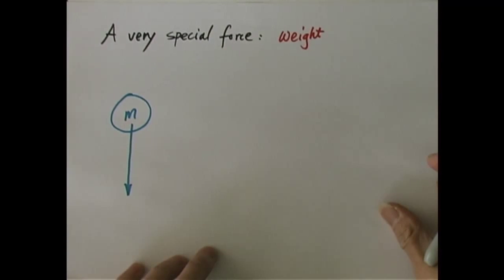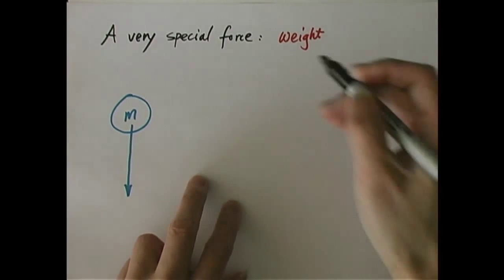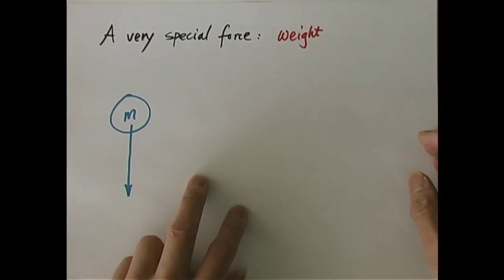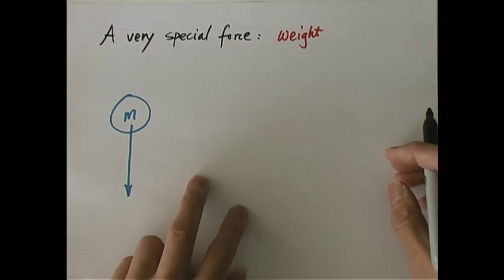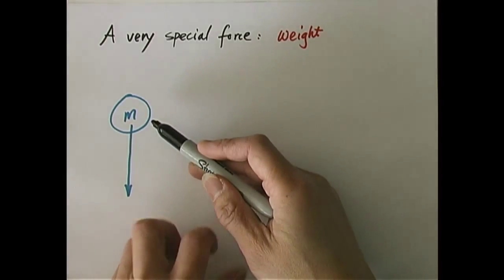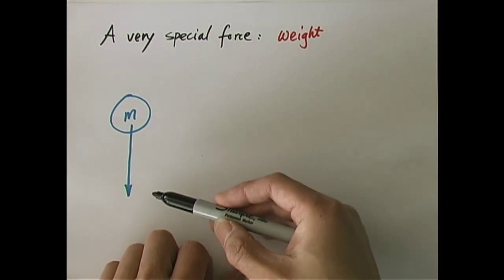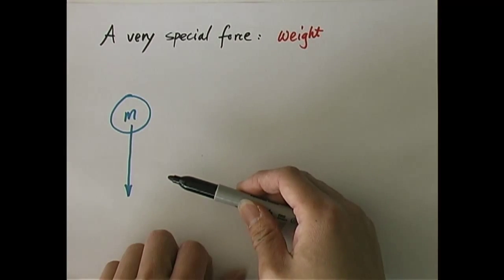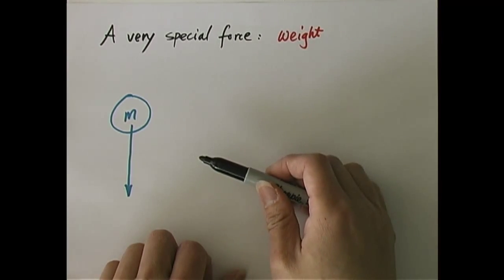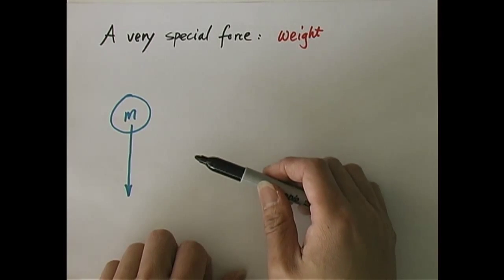As a first example of application of Newton's second law, let's look at a very special force, which is the weight. By definition, what's a free fall? You drop an object, it falls down, or up or down, in the absence of air friction. We can imagine a case where we ignore air friction.